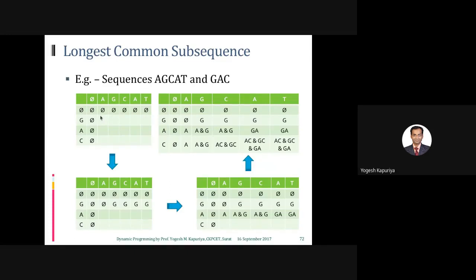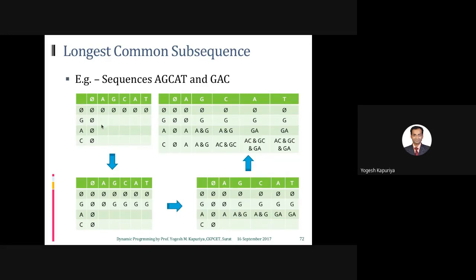Now let's put a value inside this cell. When you want to put a value inside this cell, you have to look at these two letters, that means in which row it is and in which column it is. So we are comparing the column and row letters. What is that? A and G. A and G do not match, right?